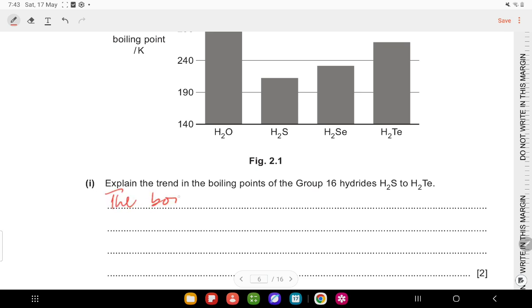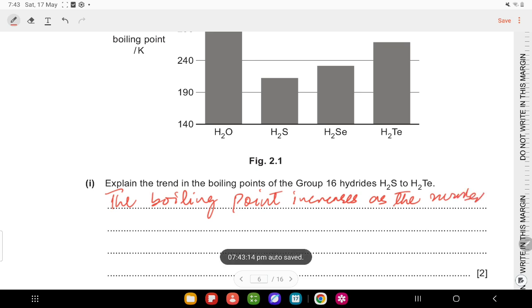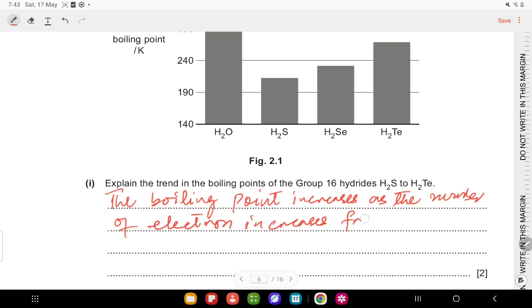The boiling point increases as the number of electrons increases from H2S to H2Te.